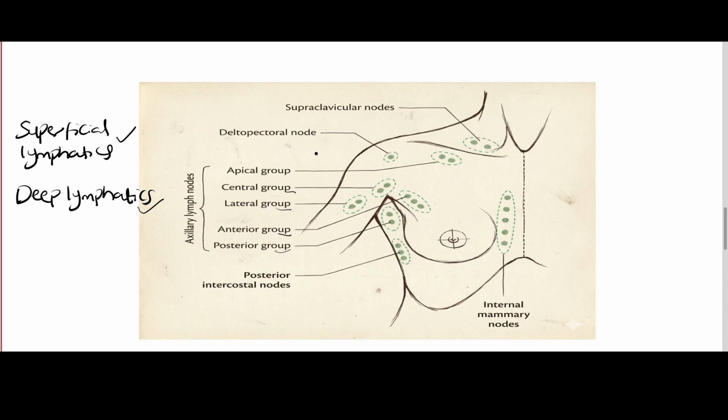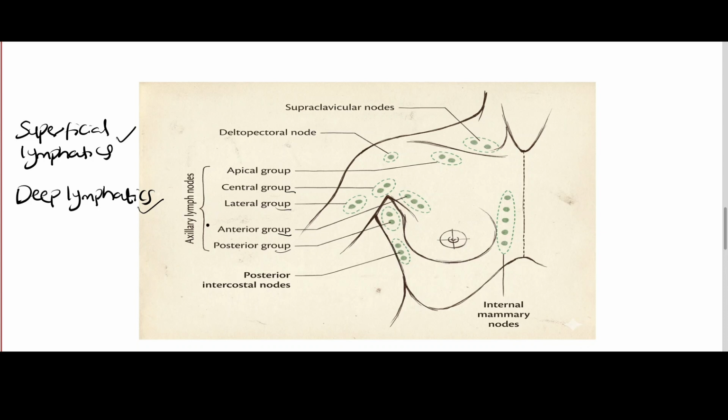Now, let's look at the major lymph nodes involved in the lymphatic drainage of the breast and their location. First, we have the axillary group of lymph nodes. They lie around the axilla, and they are divided into four major groups, even though we have the apical group of lymph nodes also, which is located at the apex of the axilla, near the clavicle.